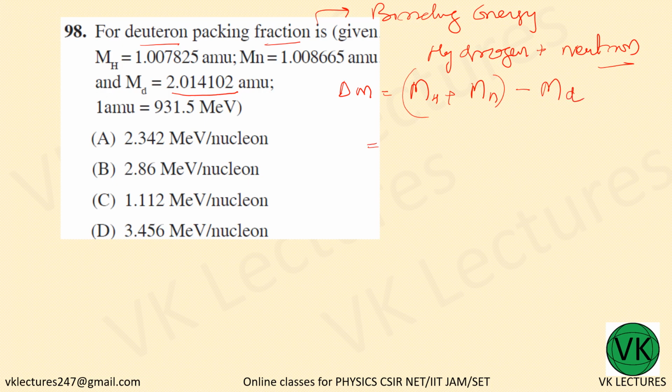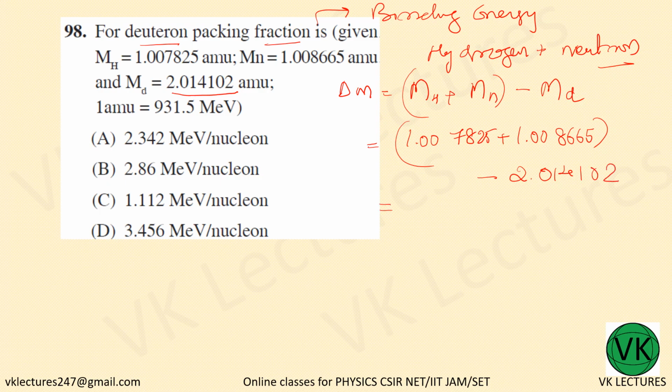Now the values are given, you can just add it up: 1.007825 plus 1.008665 minus the mass of deuteron, 2.014102.